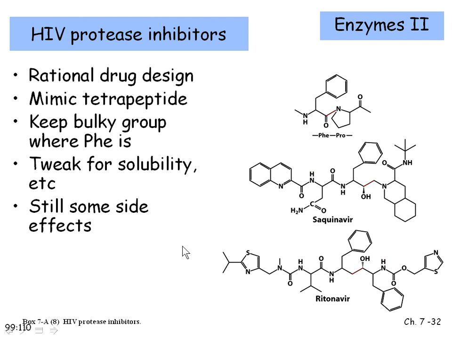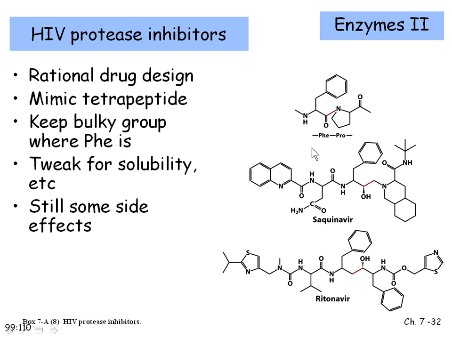For that reason, the proteases became a second target for inhibiting the activity of the enzyme. This is one of the early examples of something called rational drug design. Rational drug design is the idea that you know enough about the enzyme and the substrates to try from first principles to design something that will fit into that enzyme and inhibit it.